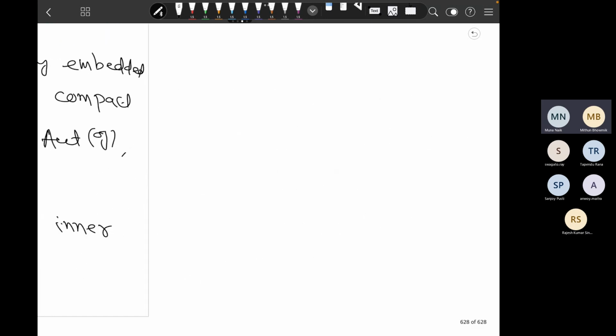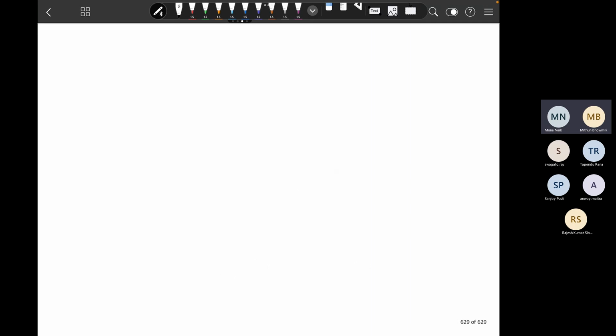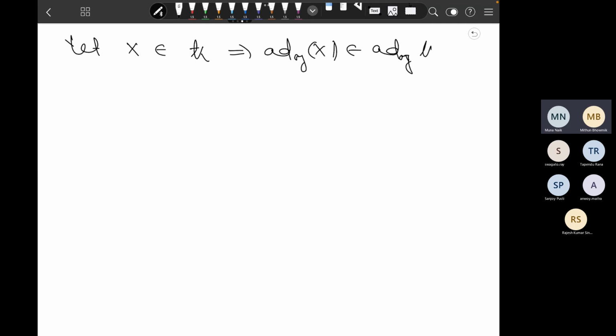So let x belong to k. This implies R_G(x) belongs to R_G(k).